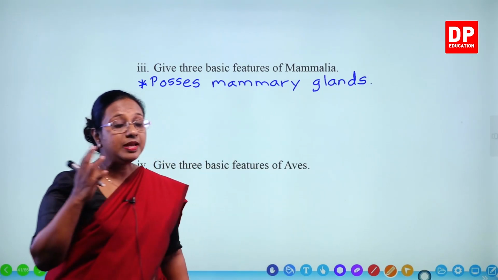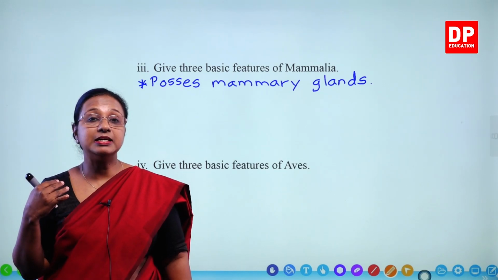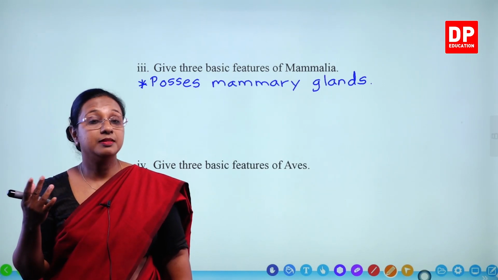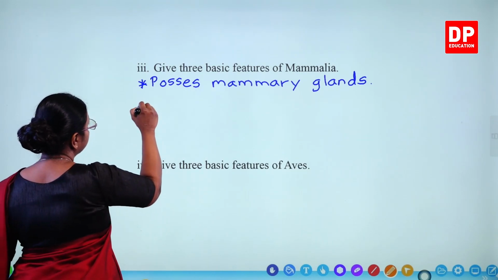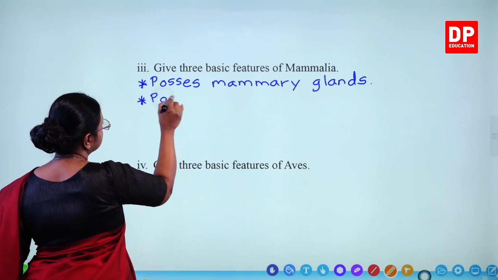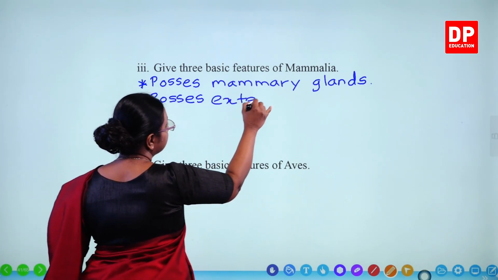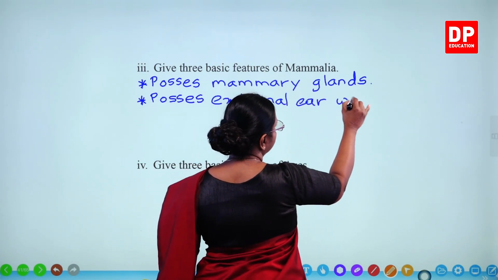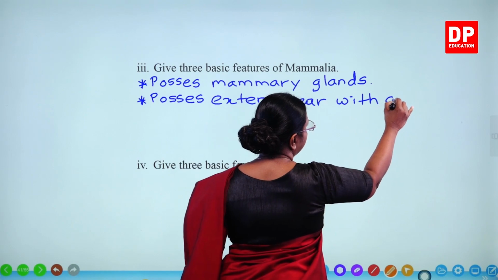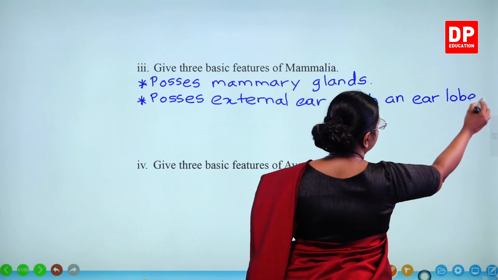What else? They have many other features. They have an external ear with an earlobe. That is also a special feature. So, they possess external ear with an earlobe.